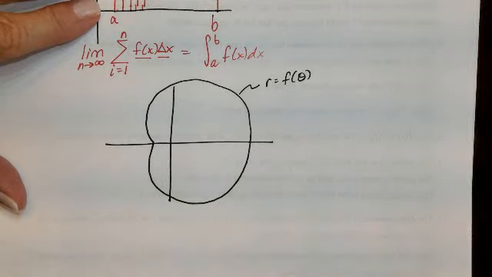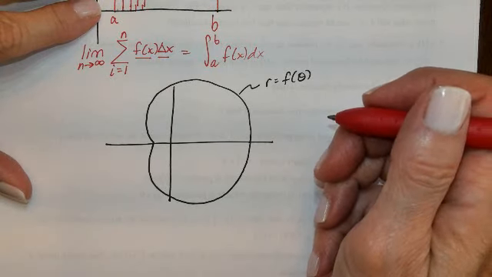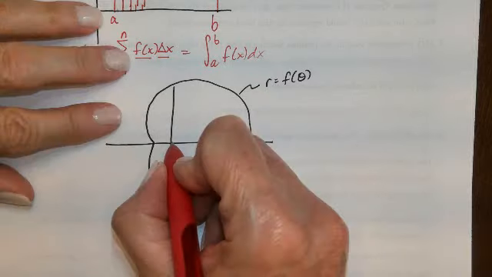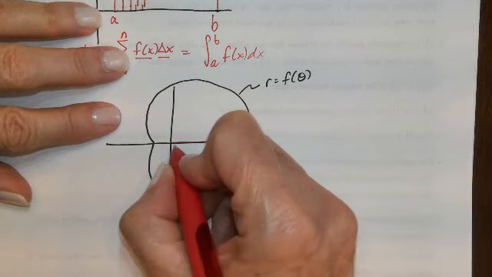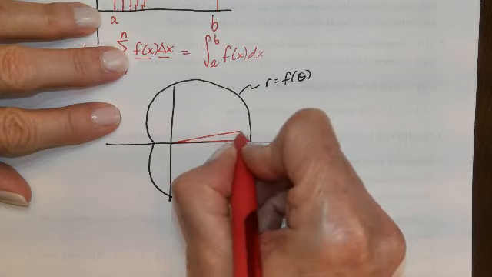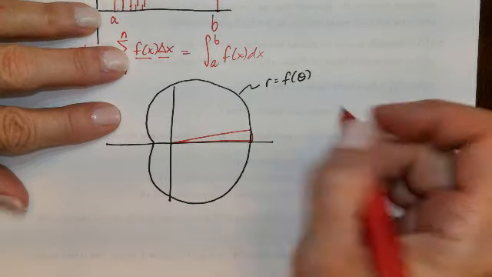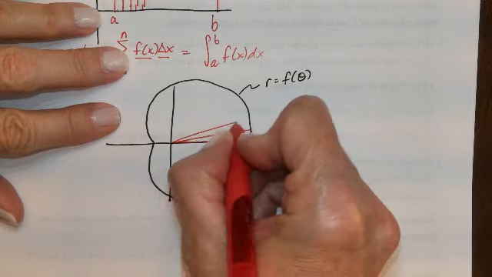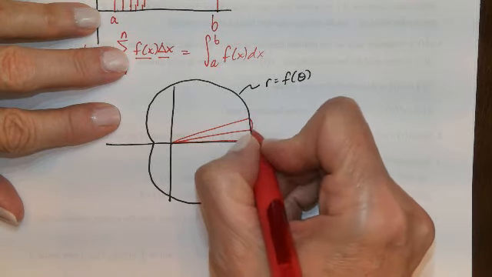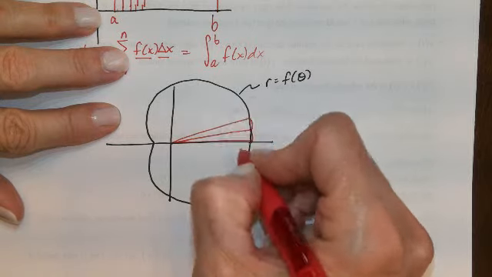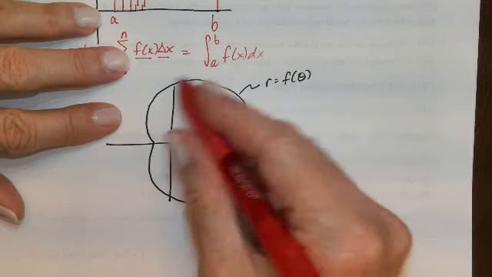Well, what would be more ideal would be little sectors. A sector is part of a circle. So if we took sectors, and I'm drawing them wrong because I drew this limacon just a little bit too curvy.